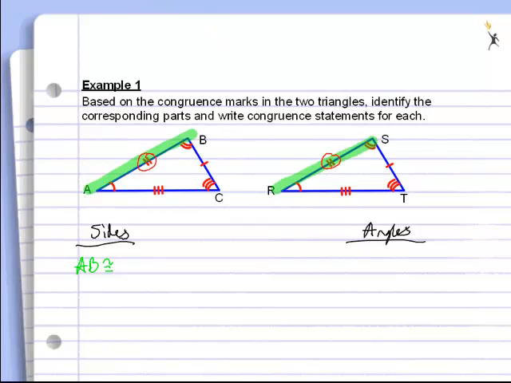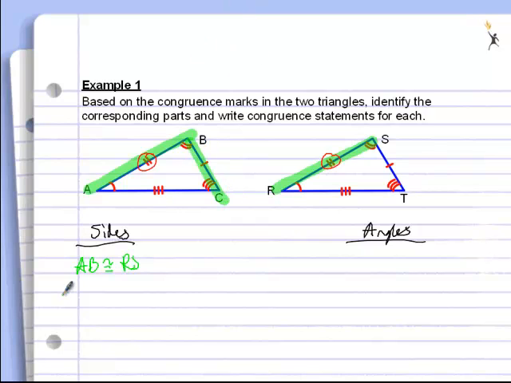Both of them have two congruency marks. And if both of them have two congruency marks, that tells me and everybody else looking at it, these two sides are exactly the same. Not only are they corresponding, they're in the same position. They both have the same congruency marks. Let's talk about BC.